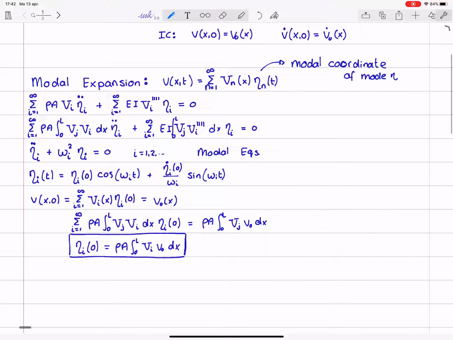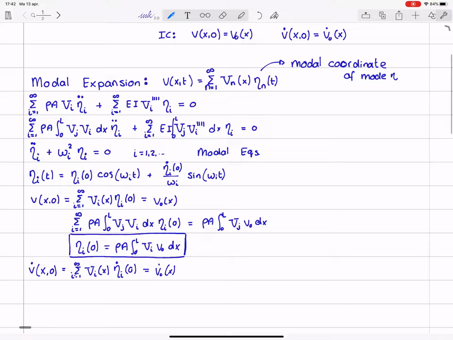In a very similar way, we can show that V dot at 0 is expressed as the infinite sum of Vi of x times eta i dot at 0, and this must be equal to V0 dot of x.